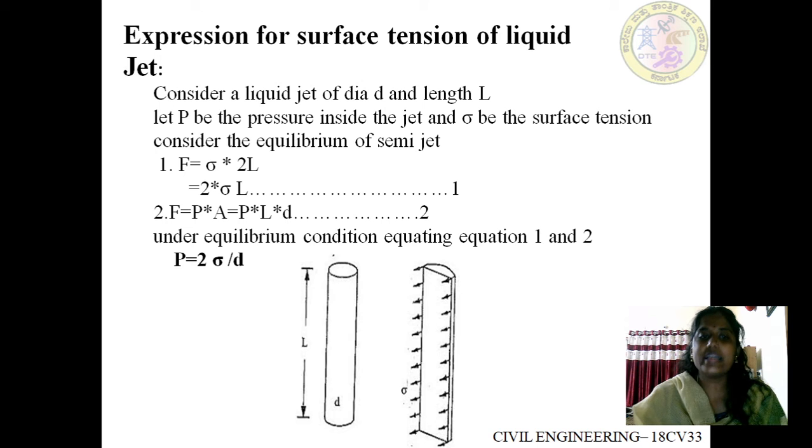So in all the three cases: in case 1, for a liquid droplet, we have the formula P is equal to 4 sigma by D; the second case is for a hollow bubble, where the formula is P is equal to 8 sigma by D; whereas in case of a liquid jet the formula is P is equal to 2 sigma by D. In all three cases we can observe the pressure is inversely proportional to D. So if the diameter of the pipe is small, the pressure inside the fluid will be more.